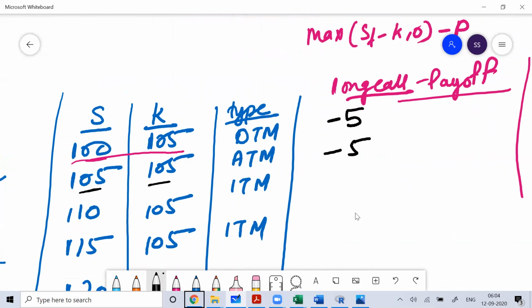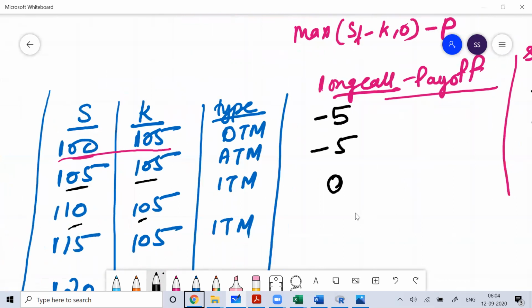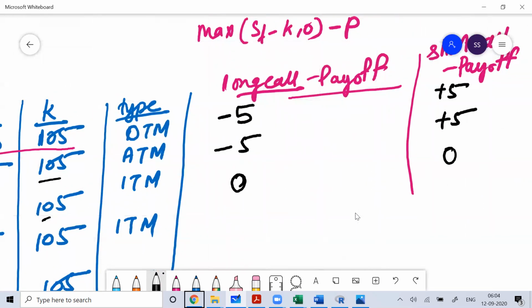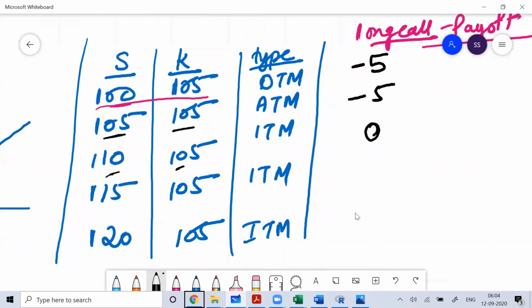At 110: 110 minus 105 is 5. Between 5 and 0, the bigger number is 5. Then minus the premium of 5, so the payoff is 0, and the short position's payoff is also 0.